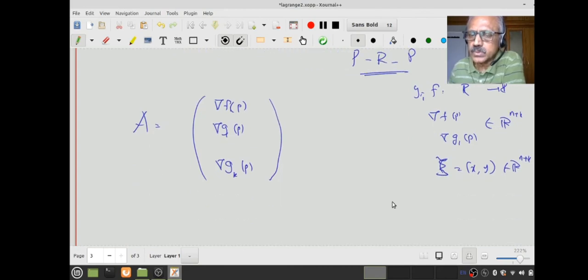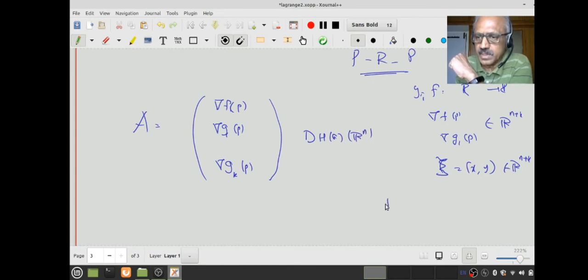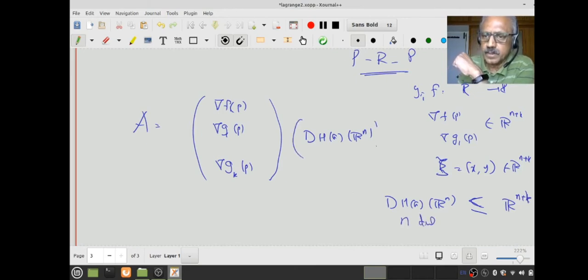What I know is this acting on dh(a) of Rn is 0. Notice that dh(a) of Rn is an n-dimensional subspace of Rn+k.